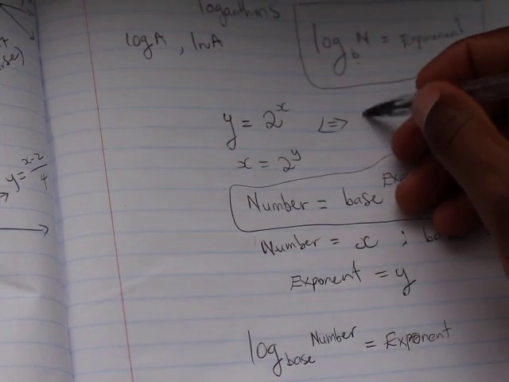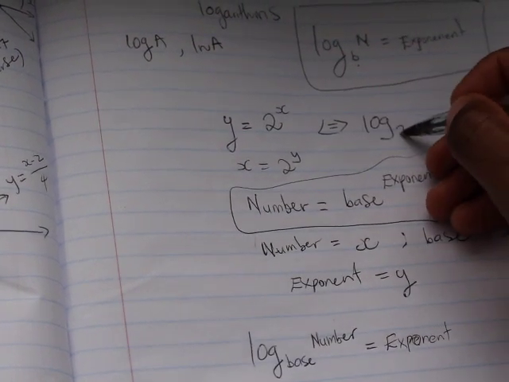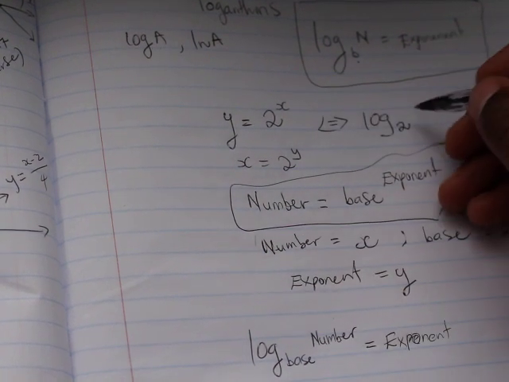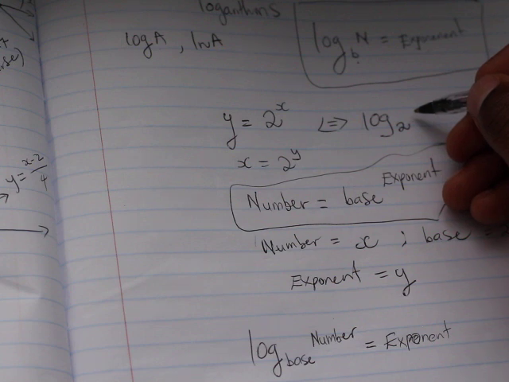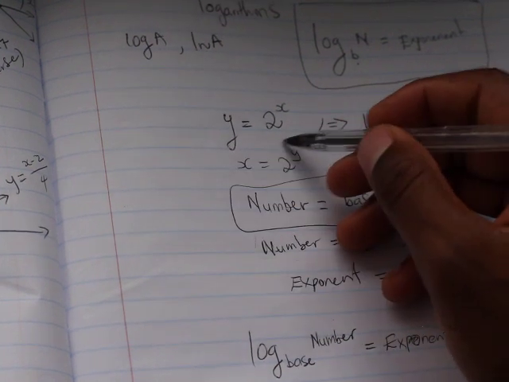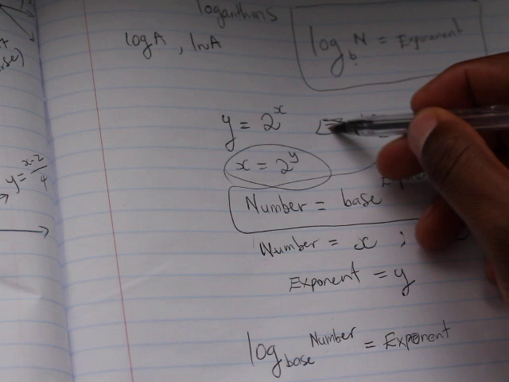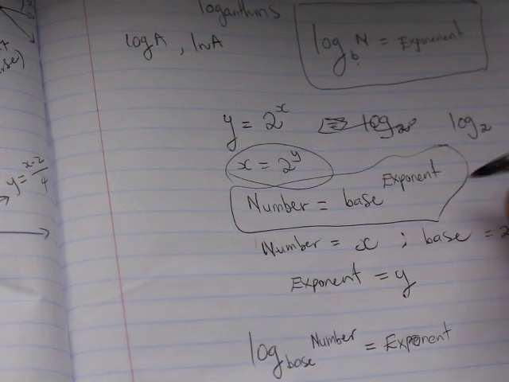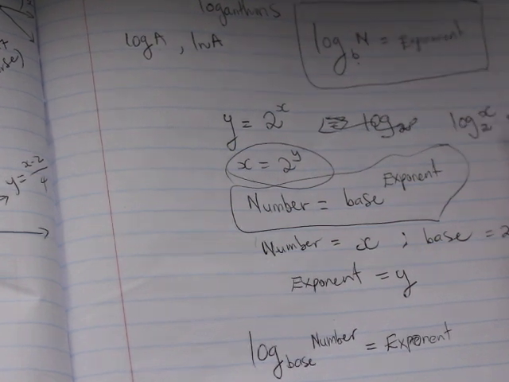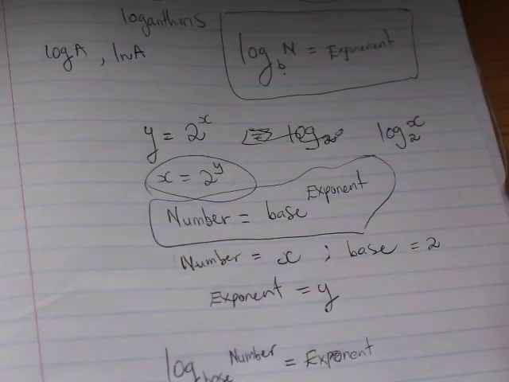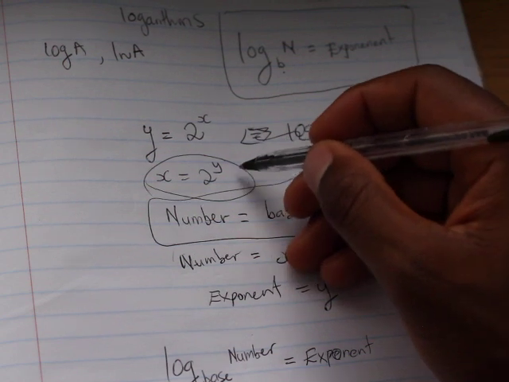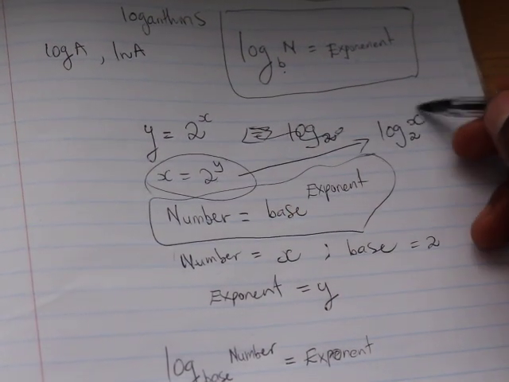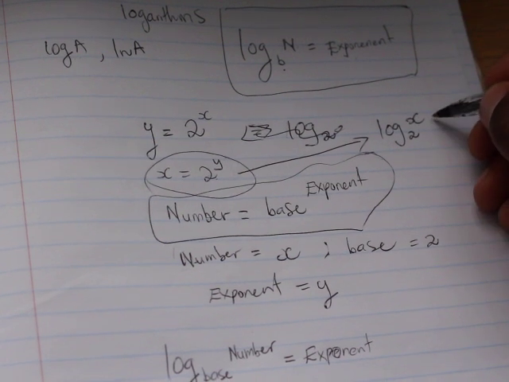What's the base here? The logarithm of the base, log 2, that's the base. The number is x. The logarithm of the base 2 of the number x must be equal to the exponent.